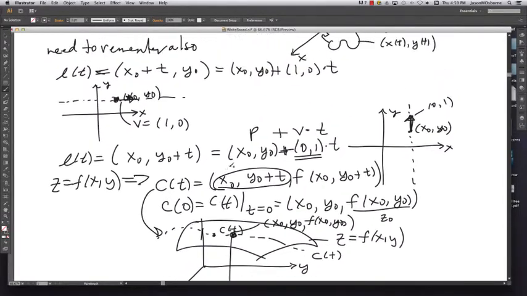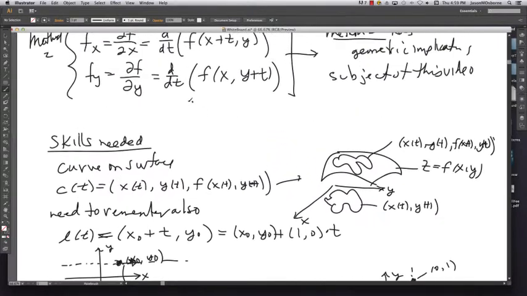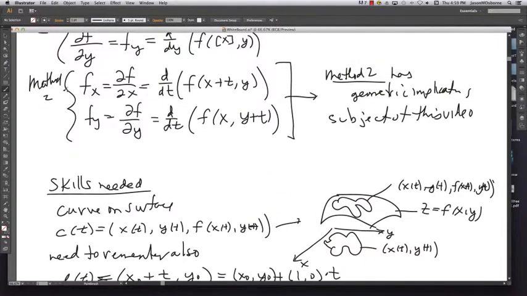I hope you can see why I'm referring to this, because if you look back here at your partial derivative method 2, you can see I'm taking time derivatives and I'm putting into my function some x plus t, y. This is the equivalent, maybe down here, of choosing a curve in the x direction, not just any curve down there, but just a straight line. And then you're going to paste that onto the surface.